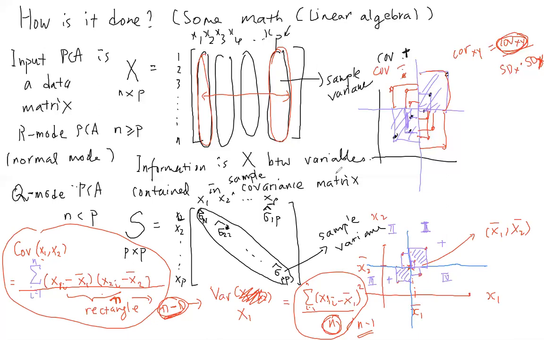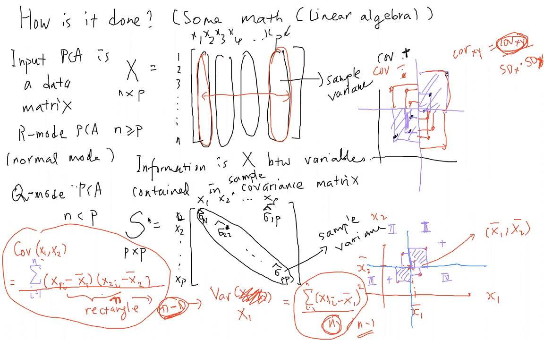Okay. So far I've introduced the two things in principal component analysis, which are the data matrix and the covariance matrix. Now I'm going to talk about how to obtain the principal components.